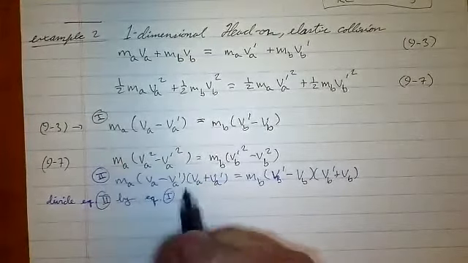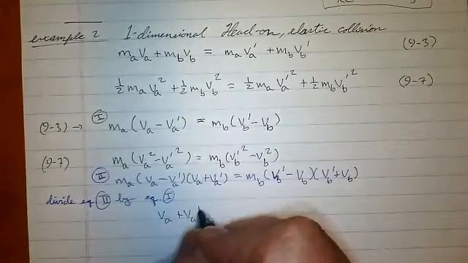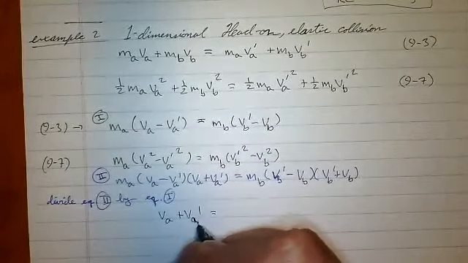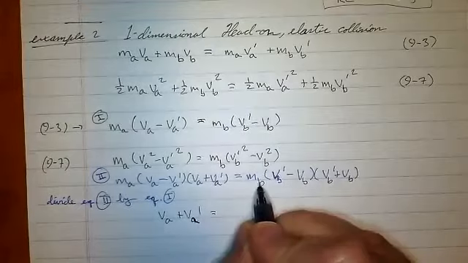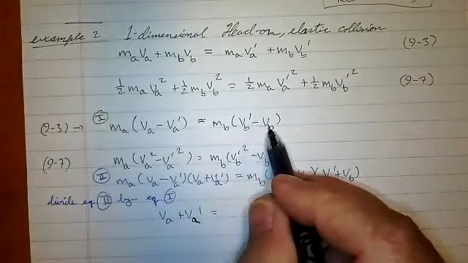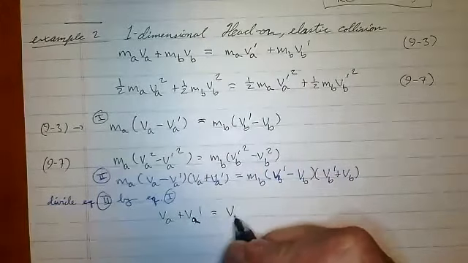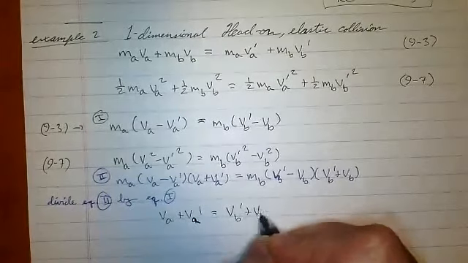Boom, boom. So all I'm left with now is VA plus VA prime is equal to, again, this MB is there and this VB prime minus VB is there. So those two are going to cancel out. And this is just going to leave me VB prime plus VB.